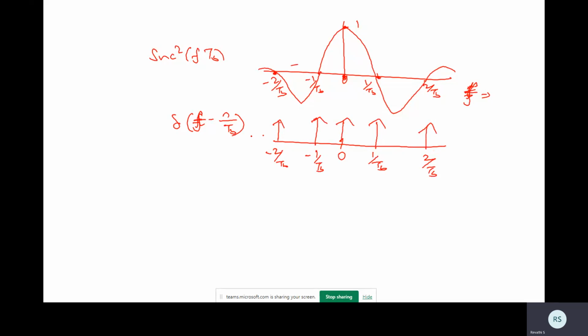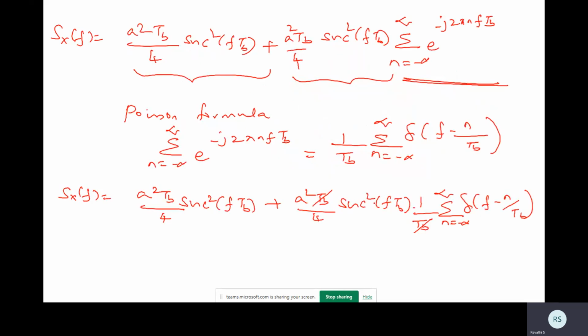So what will happen is, when this is multiplied, only at f equal to 0 will you have the multiplication value. At all the other points, you will have only 0 value. So this particular equation can be further simplified.